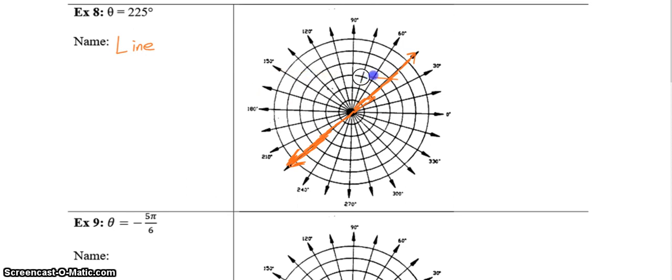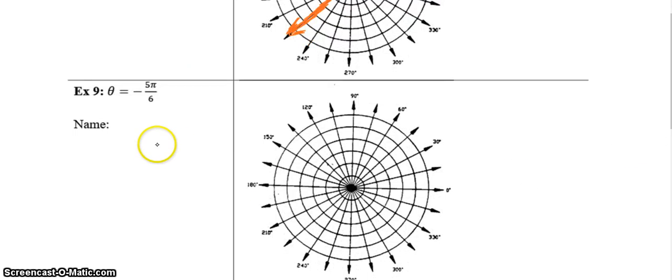That's all. Or through the pole. And you just draw it through along that angle.